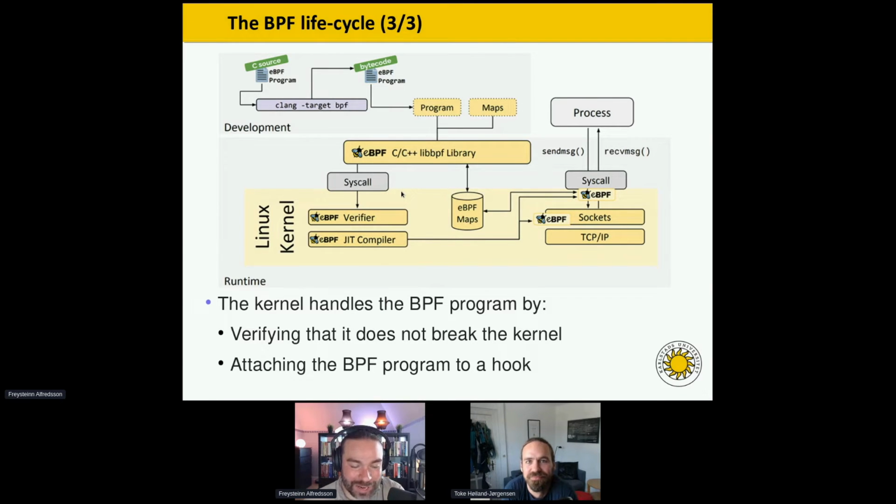Most of the issues that I have are just trying to figure out why the verifier is stopping me. But on CPUs that support it, it also JITs this BPF code into the native instruction set for added speed. The libbpf library, apart from just loading in the BPF program, also adds these maps into the memory and attaches them to the places where you want them to be placed within the kernel.